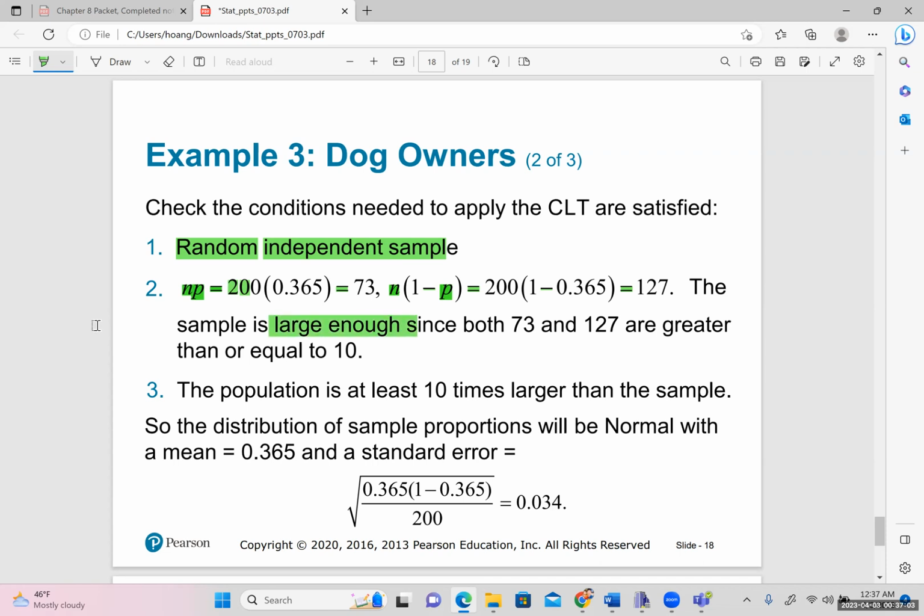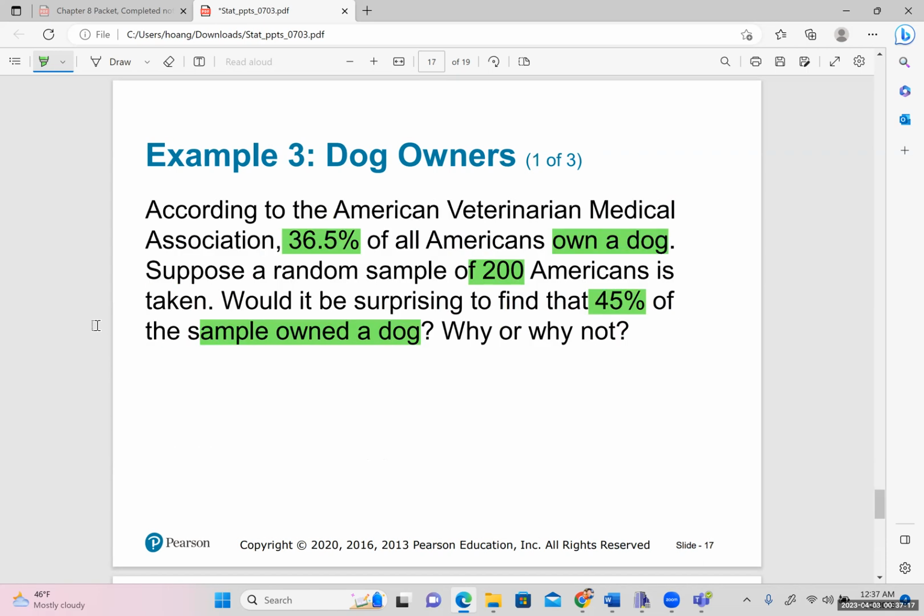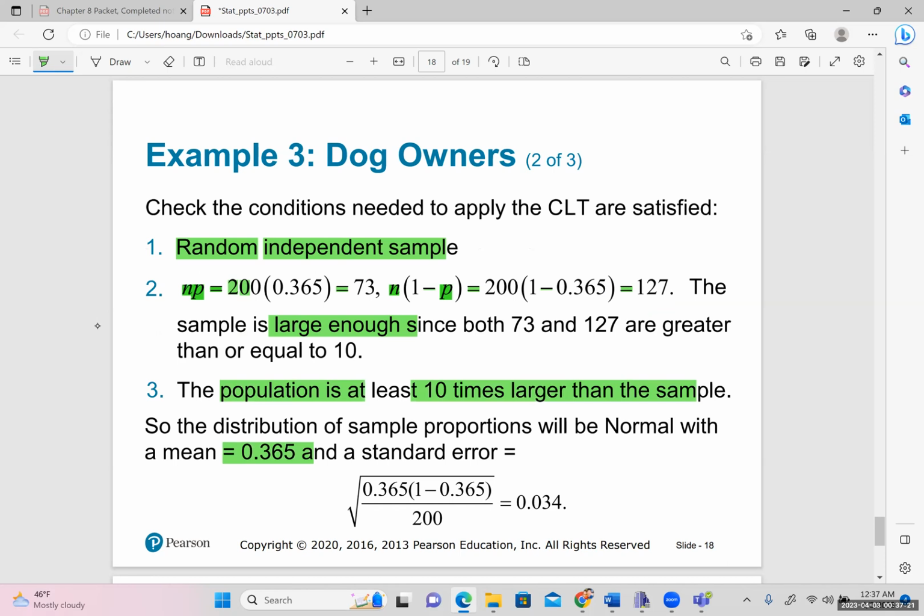And then you can assume the population is at least 10 times larger than the sample. Yes. And then the mean here will be 0.365, because it's 36.5%, right?